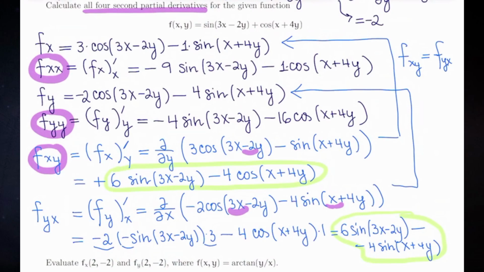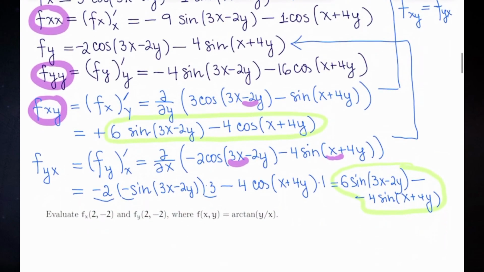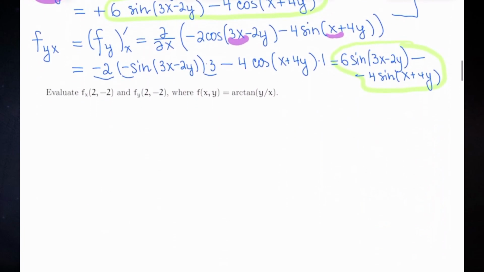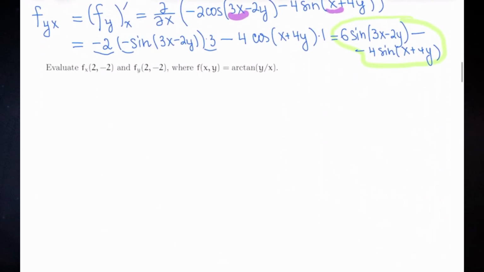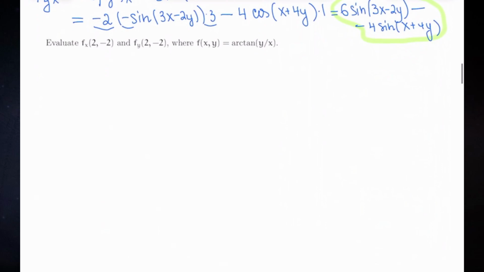All right, let's go ahead and take a look at the last problem for this lecture, where we're asked to just evaluate our partials at a specific point. Our function in this case is tangent inverse of y over x.